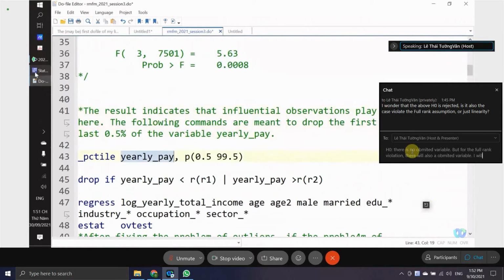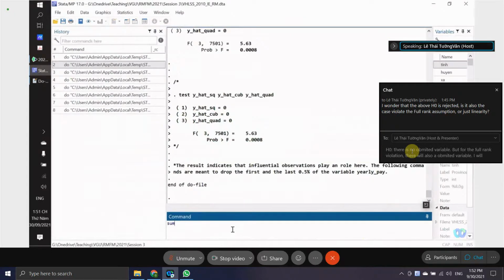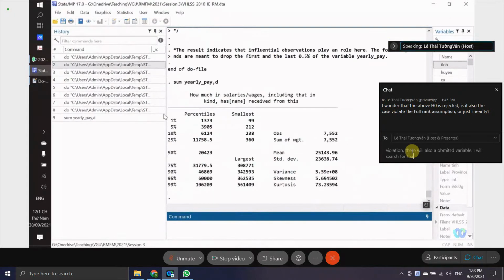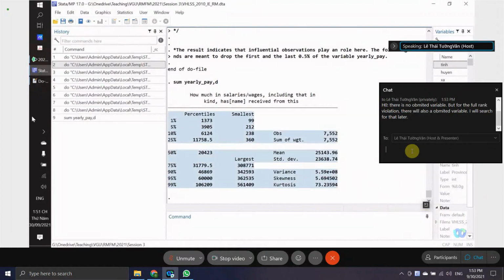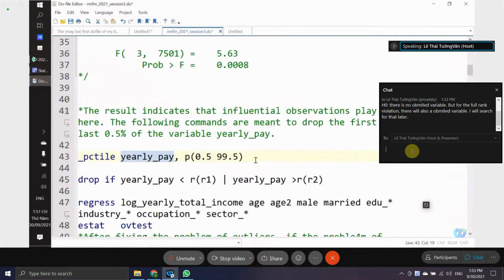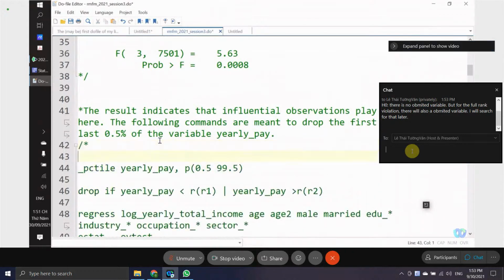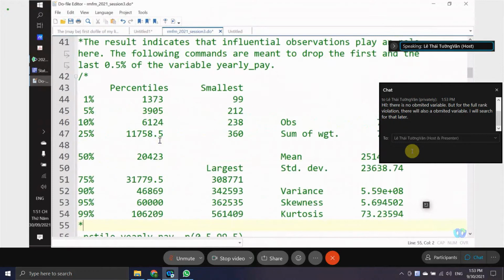And if you make a summary, you may see that some people have an exceptionally low level of income per year.